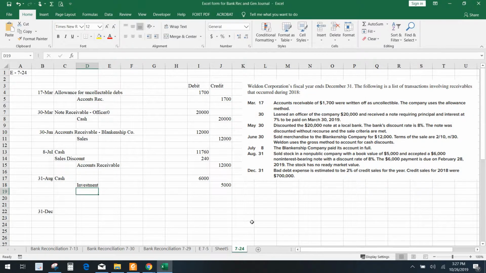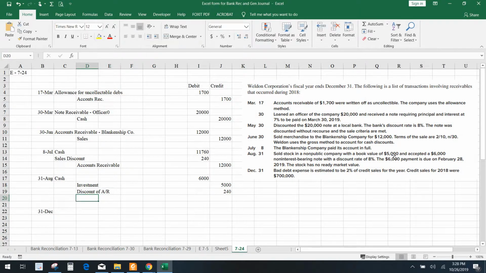So the discount on notes receivable is equal to 8%, 0.08, multiplied by the amount 6,000, multiplied by the number of months, 6 months from February to August, divided by the total number of months, 12, and that gives us 240.